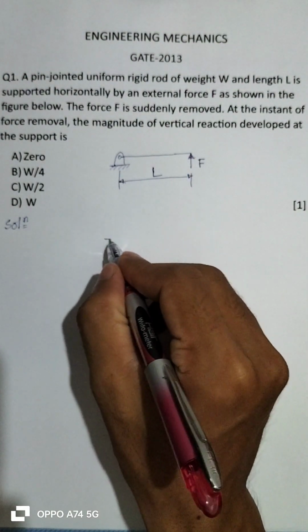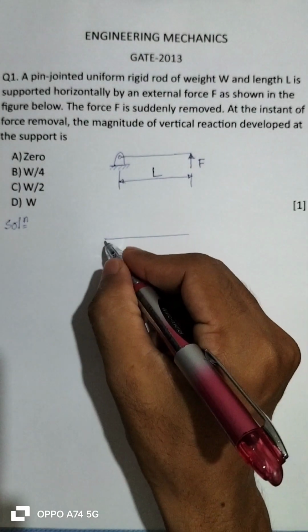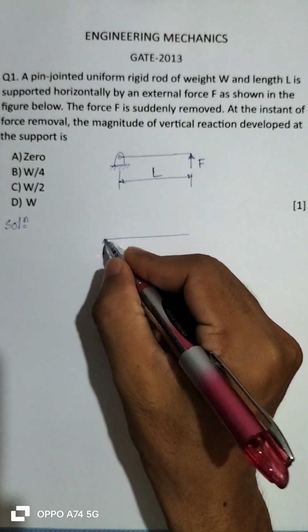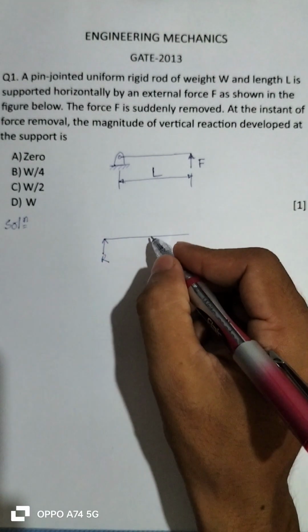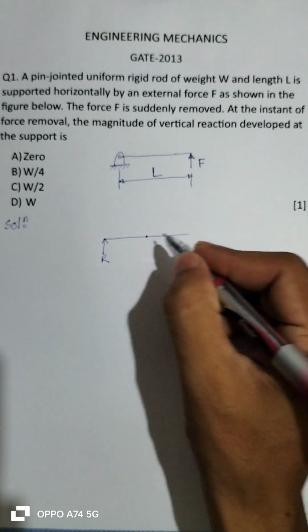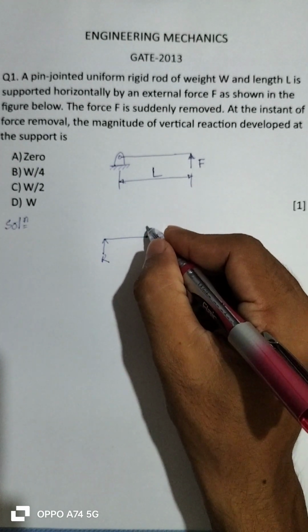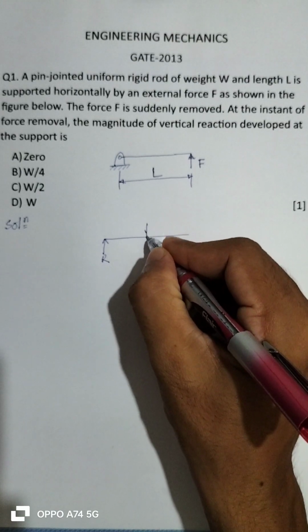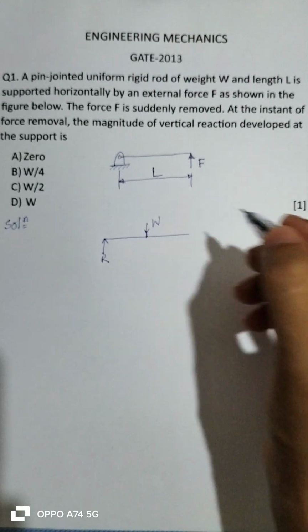Well, this is the rod and this is the fixed end. Let R be the reaction, and let this be the CG of the rod. The weight W will be acting through the CG.